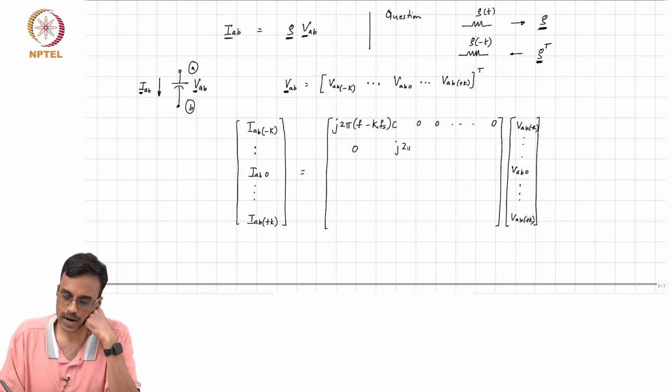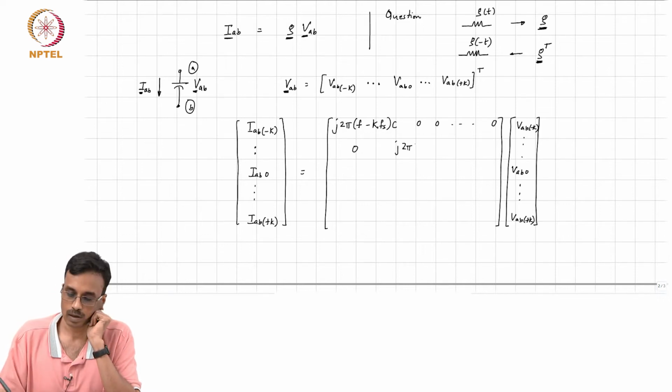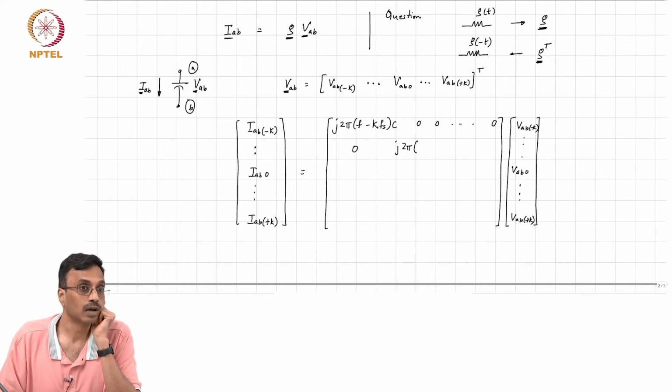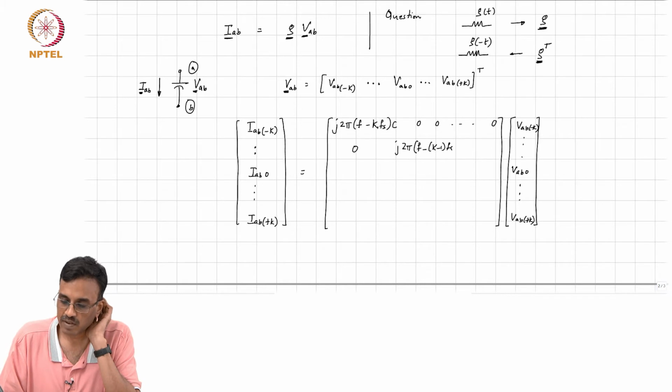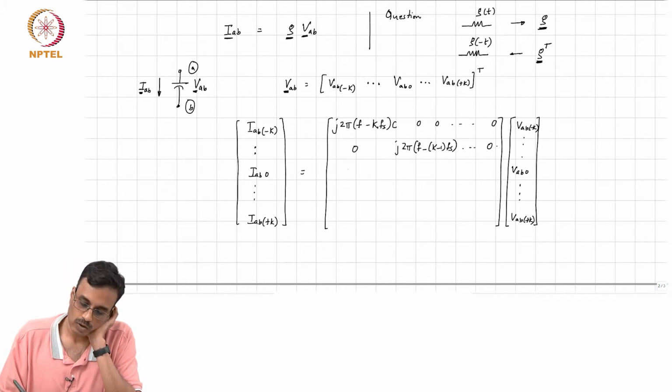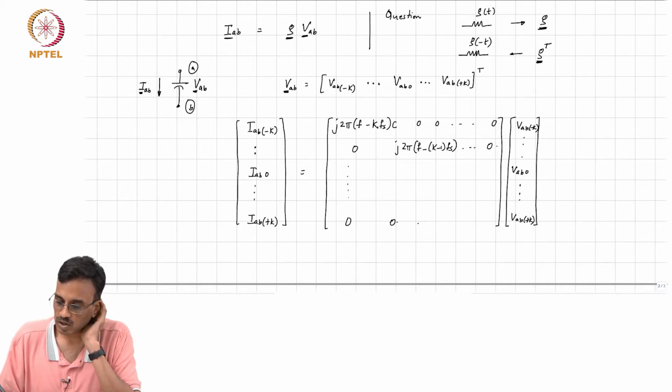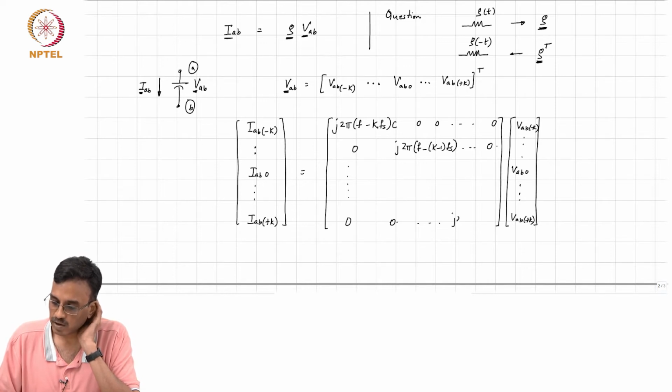You will have j 2 pi (f minus (K minus 1) Fs), 0 and so on, all the way up to j 2 pi (f plus K Fs).